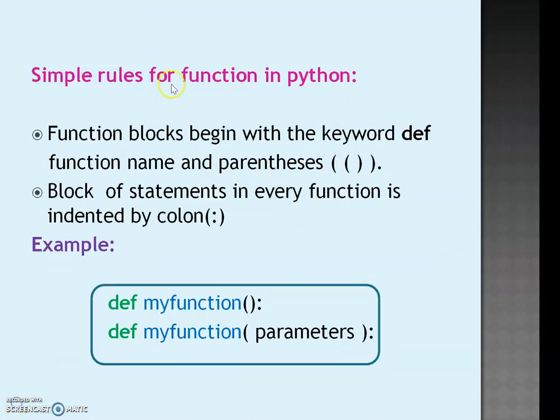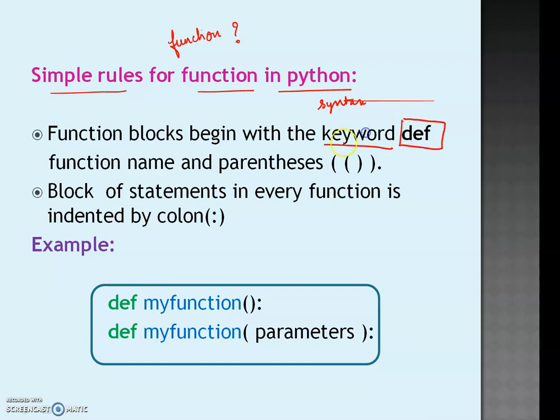Let's move further. Now we are clear with what is meant by a function. So the next question is, how can we define or how can we create a function? Here you need to follow some simple rules to check how a function can be created and also the syntax of its creation. First, the function blocks begin with the keyword def.